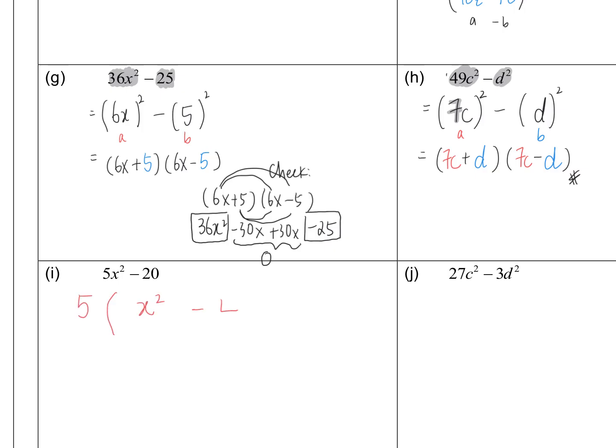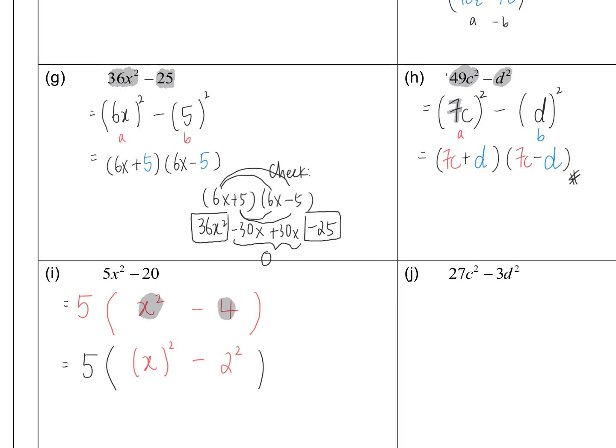Then I'm left with this. So now we look. Are these two perfect squares? Yes, right? Then you can proceed with changing this into its perfect square. So this one is x squared. This one is 2 squared. Just leave the 5 outside first.